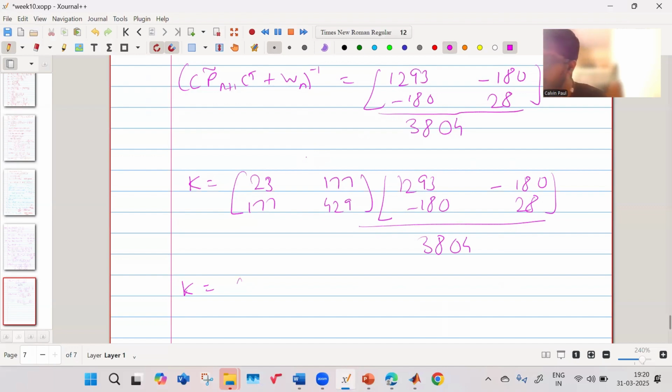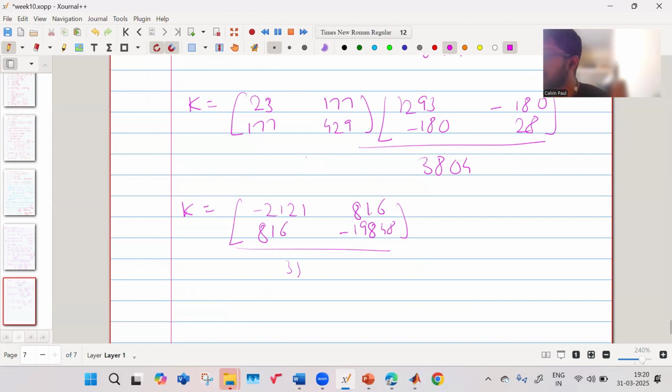This becomes minus 2121, then 177 into 28, this is 816, so this also will be 816, and 177 into minus 180 plus 28 into 429, this is minus 19848. The whole thing divided by 3804. So this is the K matrix which we get.